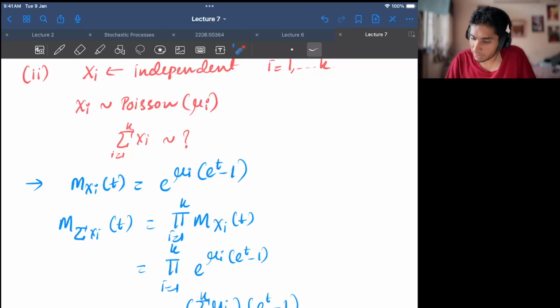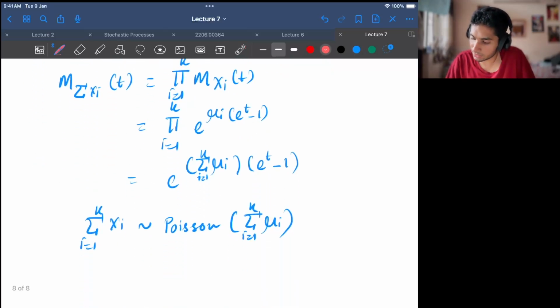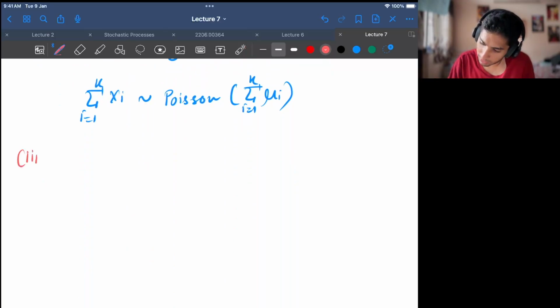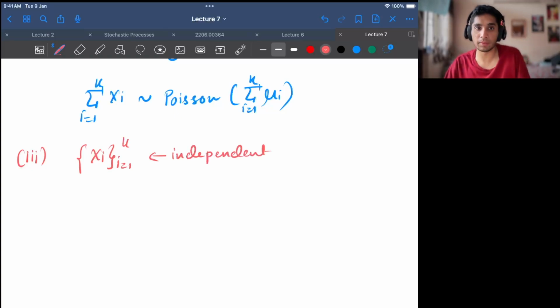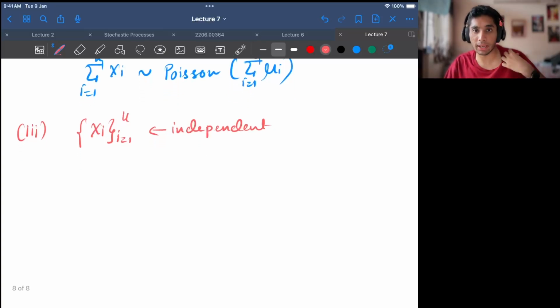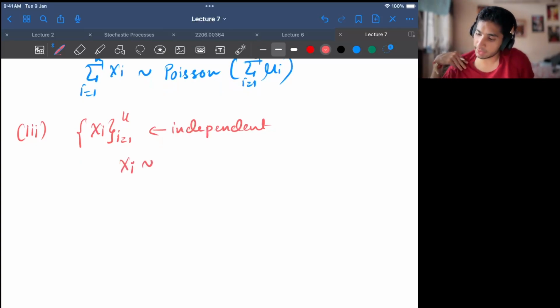However, this is not always true. Just for the sake of clarity, I will leave it to you as an exercise. Let's say xi, i equal to 1 to k, are independent, and they are distributed according to exponential. So they are also IID, independent as well as identical, with some mean parameter 1 by beta.